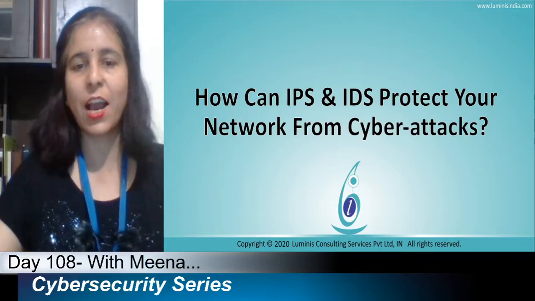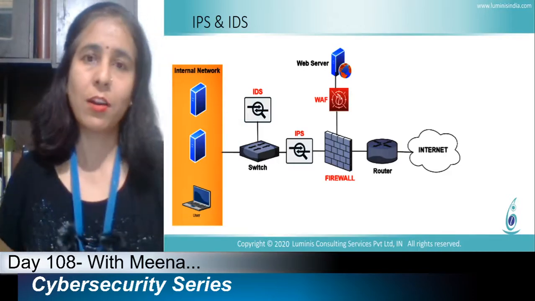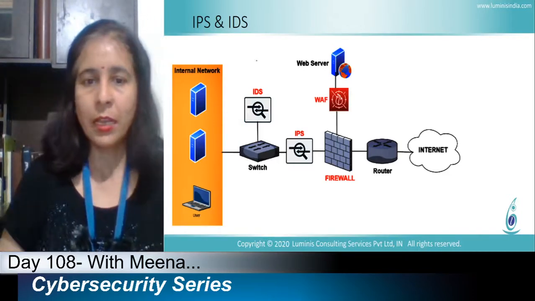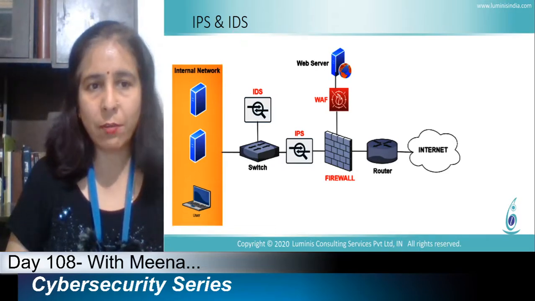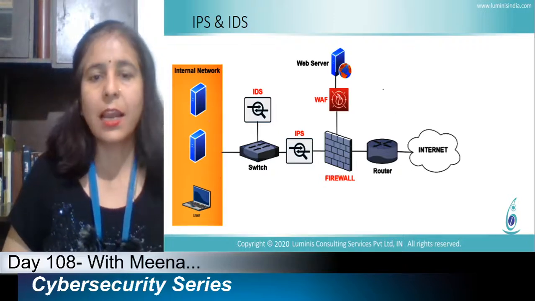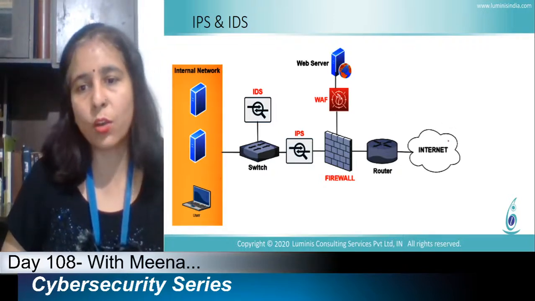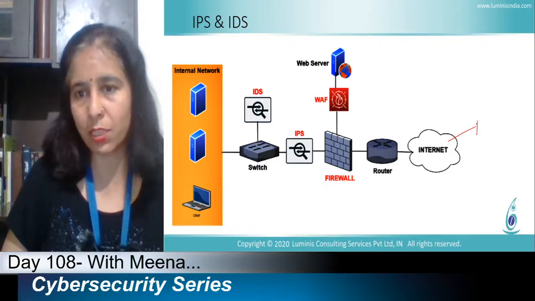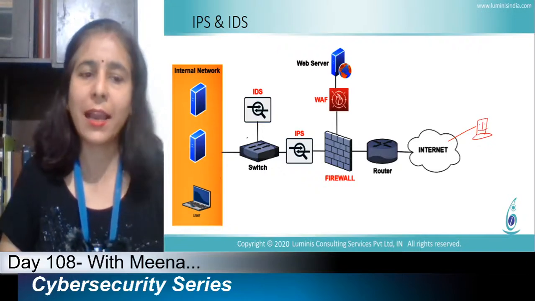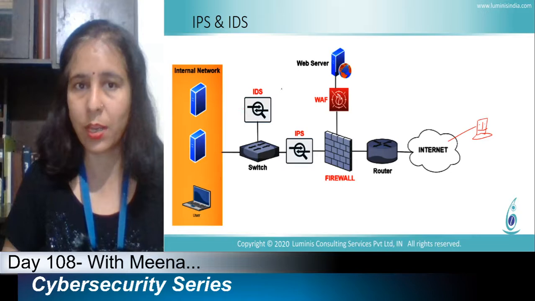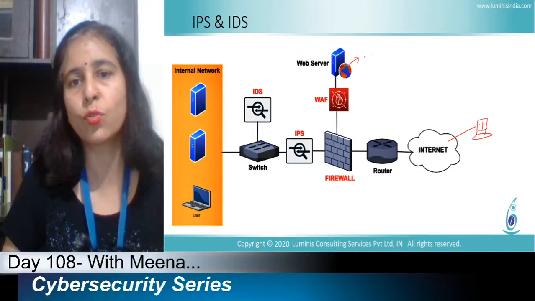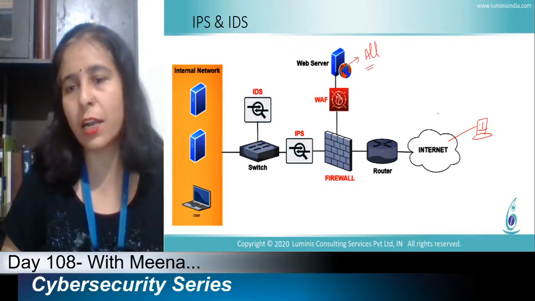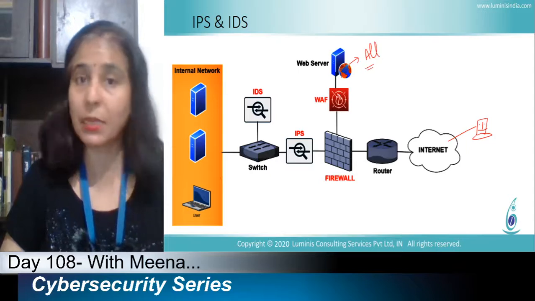So let's see how they can protect us from different cyber attacks. There is a company network with multiple resources inside, and we don't want anyone on the outside network, for example on the internet, to get access to our internal resources. We have a web server which is accessible to everyone coming from the outside world, but it is a part of our network.